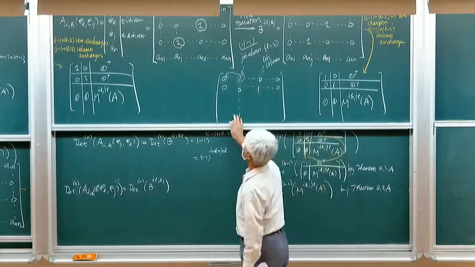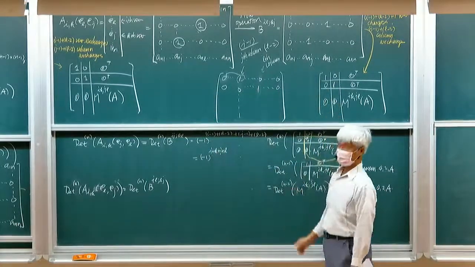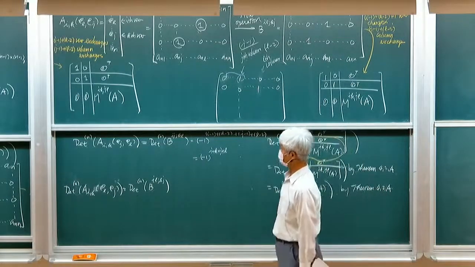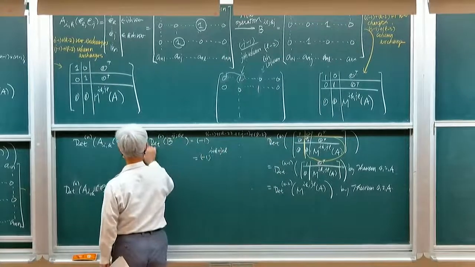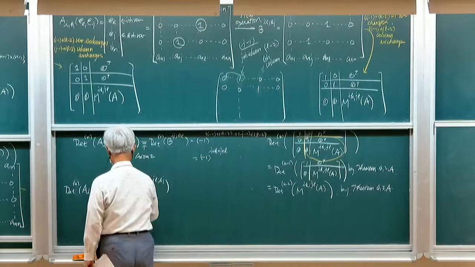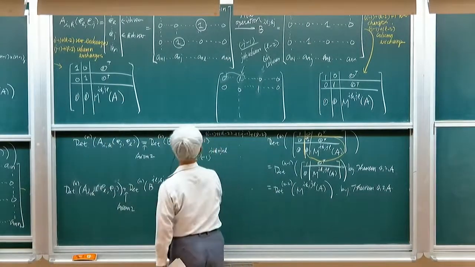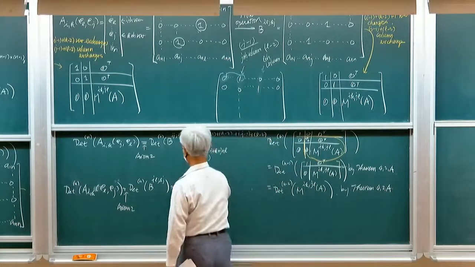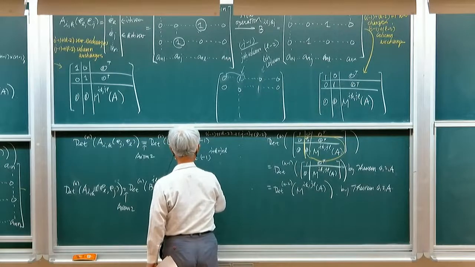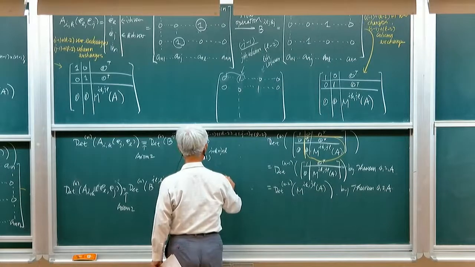So the determinant of this matrix is the same as the determinant of this matrix by axiom number 2 for determinant functions. So this is axiom 2. And then to go there, we need i minus 1 plus k minus 2 plus 1 plus j minus 1 plus l minus 2.